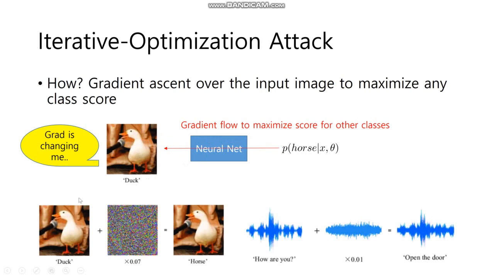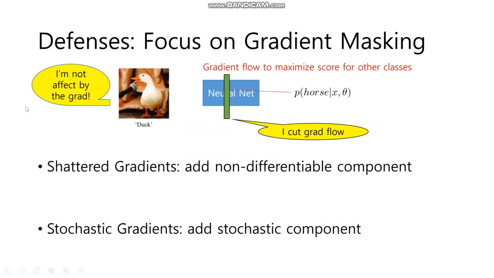So after training, we add some noise to the input image, and then it becomes horse. And this kind of attack can be extended to other types of data like speech. So this is a crucial problem.